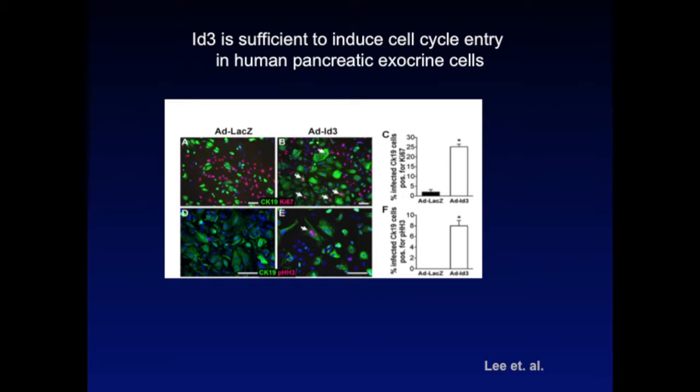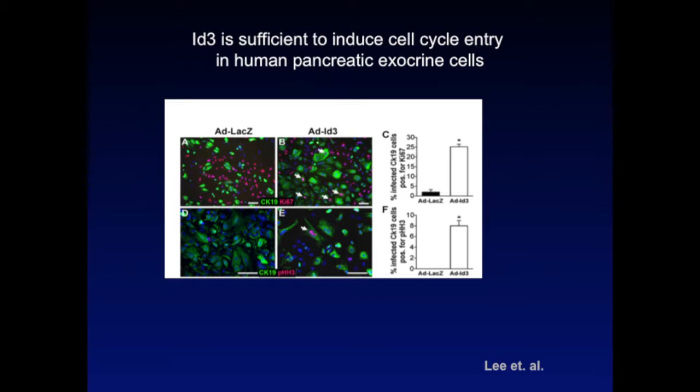So we did numerous studies with ID3 knockdown, and we also examined if ID3 was acting in the manner we suspected by downregulating activity of bHLH proteins. Then we expected that if we restored bHLH activity by expressing one of those proteins, it would have an equivalent effect to ID3.